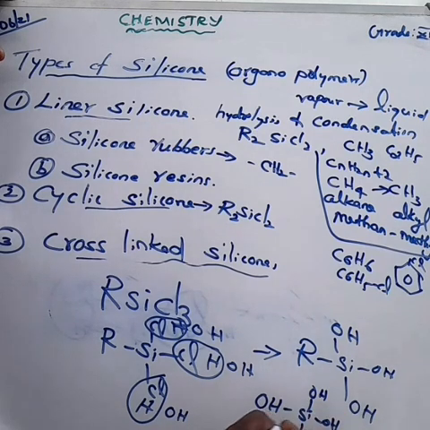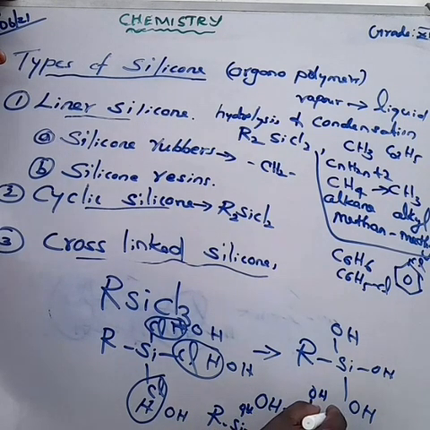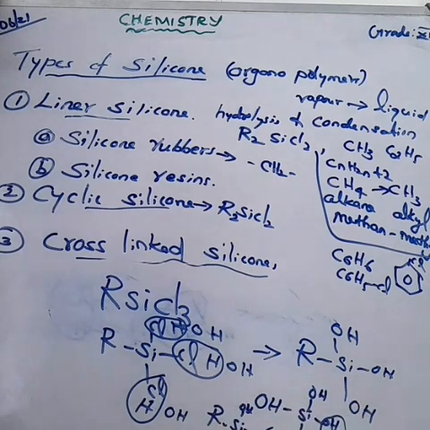Hydrogen combines with OH, removing water molecules. So the possibility here: R, Si, above OH, below OH, joined through an oxygen atom, then oxygen, Si, OH, OH, R. This is one of the compounds like that. You can get a different compound.